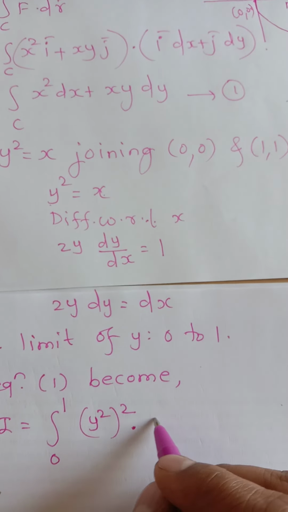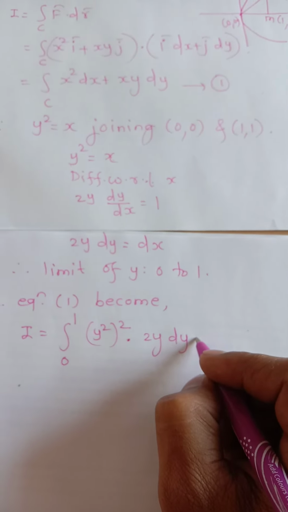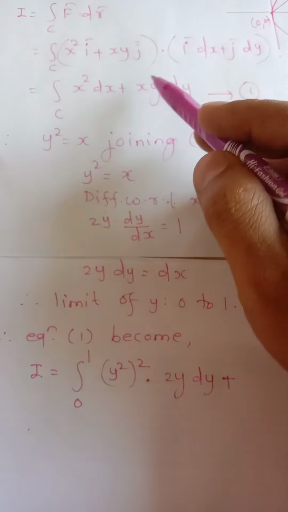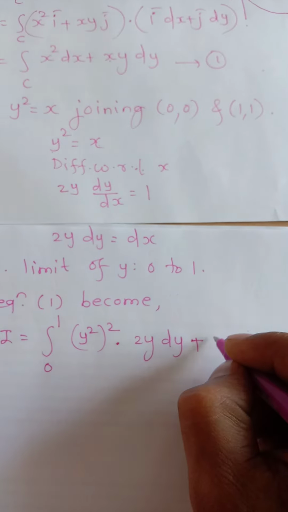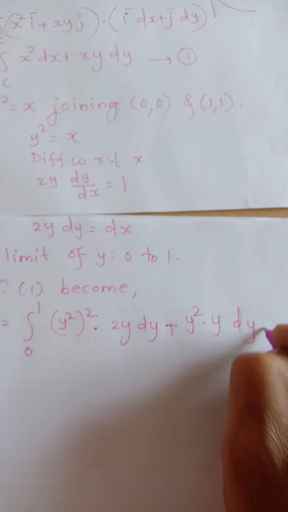Substitute the value of dx as 2y dy, plus x, whose value is y square, into y dy as it is.